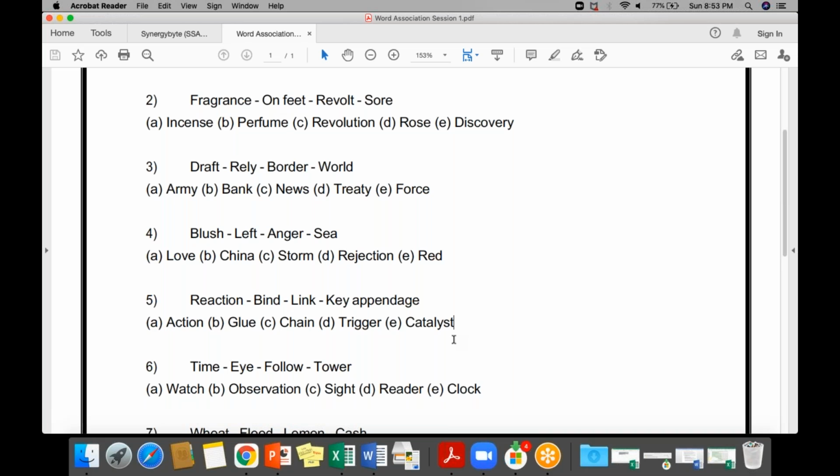Coming to question number 5: reaction, bind, link, and key appendage will go with which word?